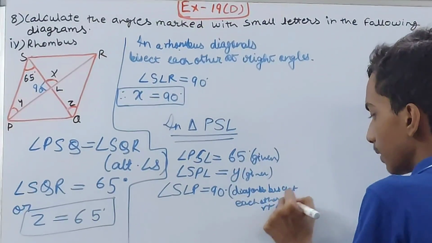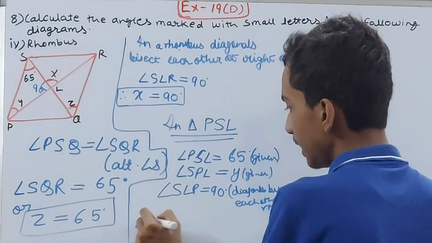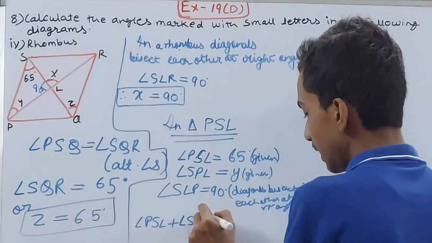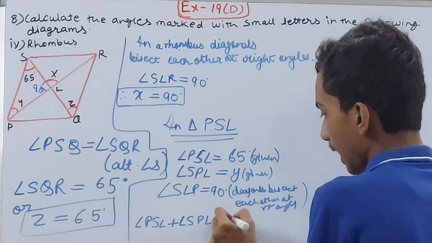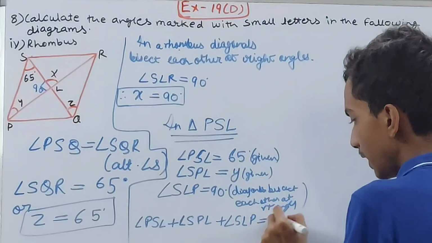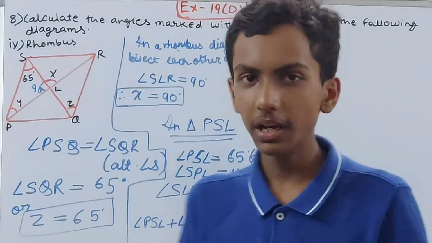Okay, so this is what we know. Therefore, angle PSL plus angle SPL plus angle SLP will be 180. When you add all three angles of a triangle, the sum will come out to be 180.